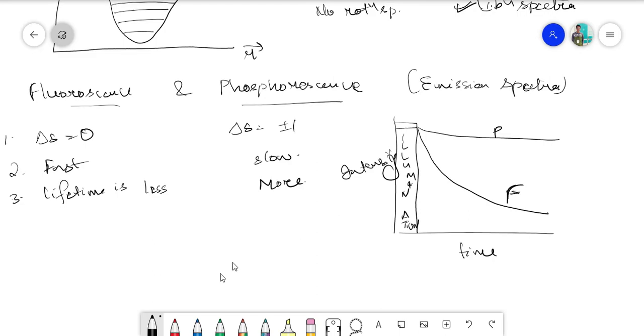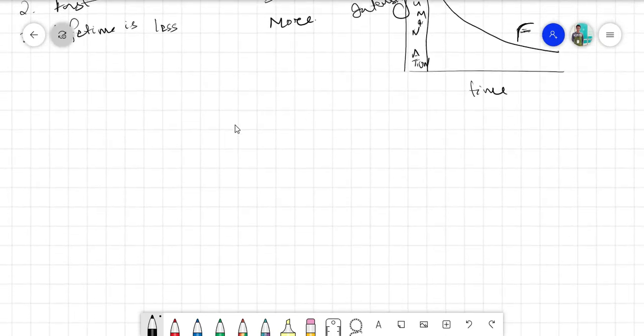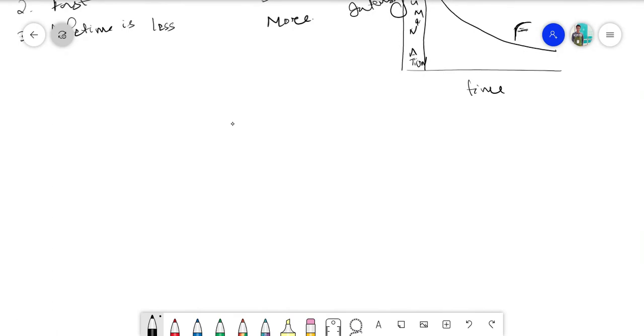Now let's take a look at the modes for both the cases. Let's start with fluorescence.